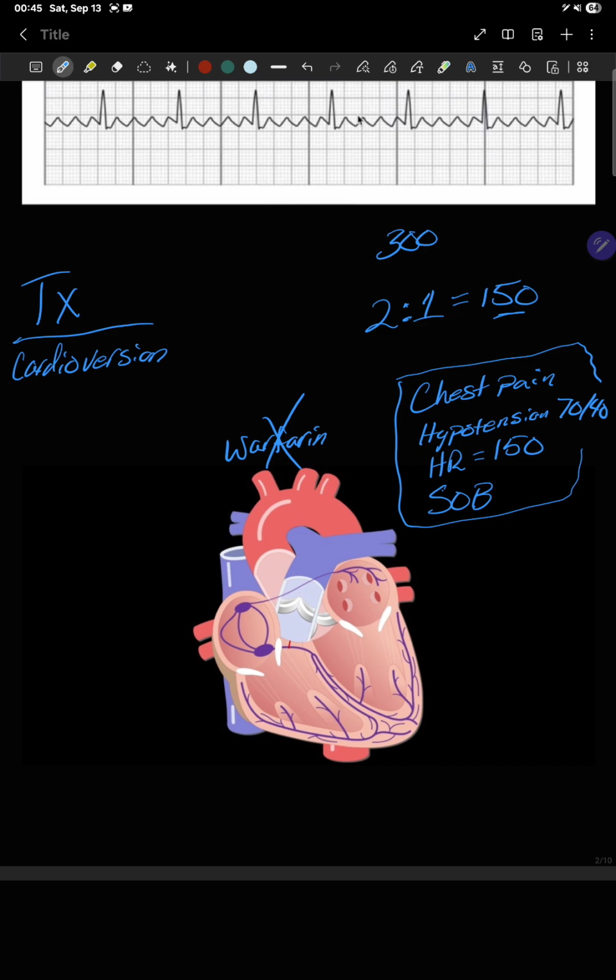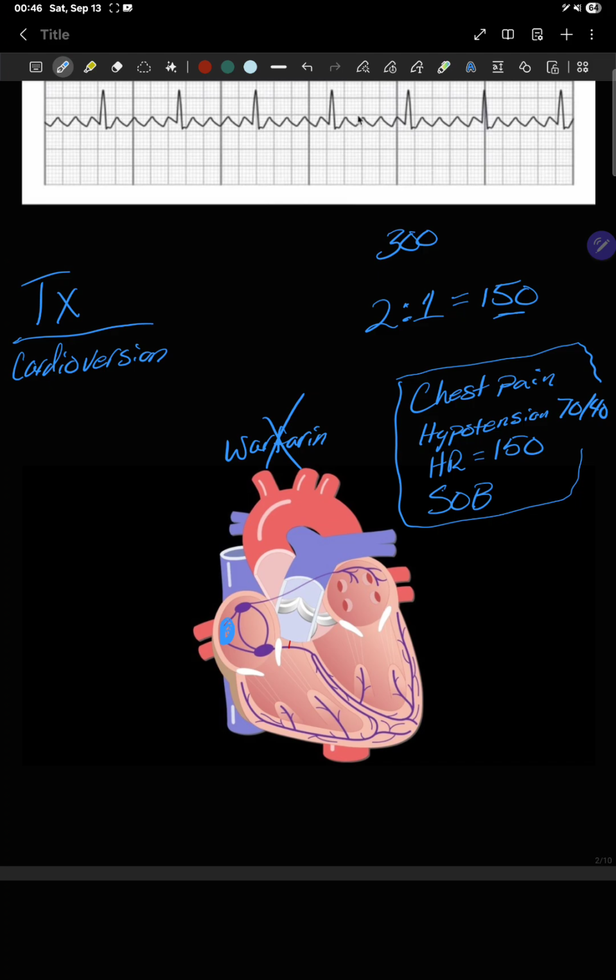No. Okay, so now we're worried we might be having a blood clot in here because we don't really know. We didn't witness it ourselves when it started. And we can't cardiovert anybody longer than 48 hours. So if they've been in this rhythm for 48 hours, we can't cardiovert.